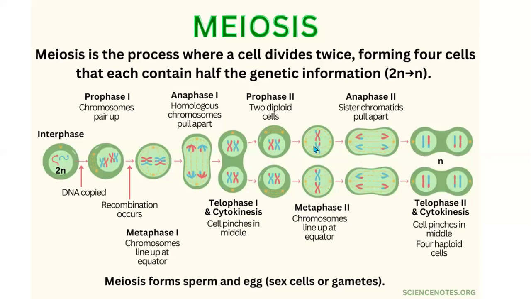And then now here we see the separation of chromatids. Actually, in anaphase 1 the homologous chromosomes are pulled apart, but in anaphase 2, the sister chromatids are pulled apart. So that is something that is very distinct.